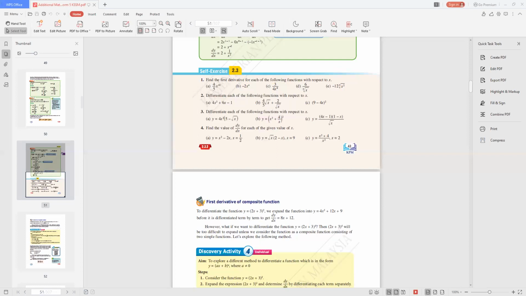Okay. This one underline, and this one put a different color there. Okay, right.